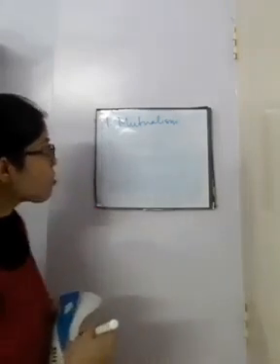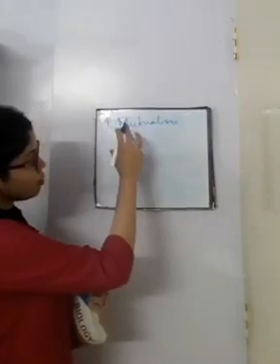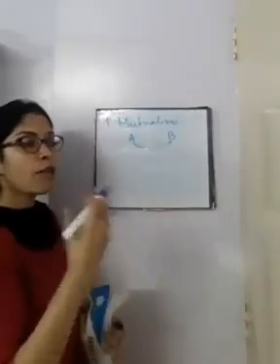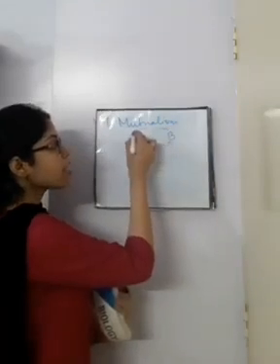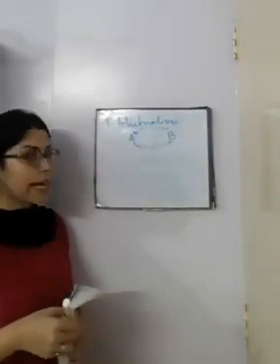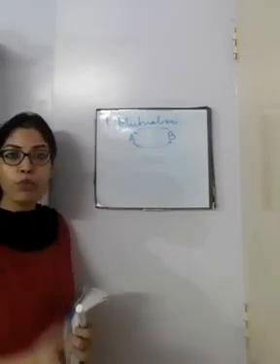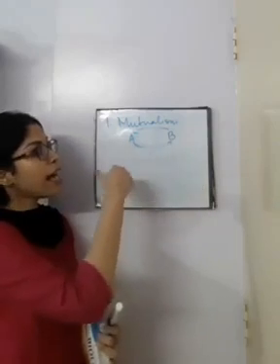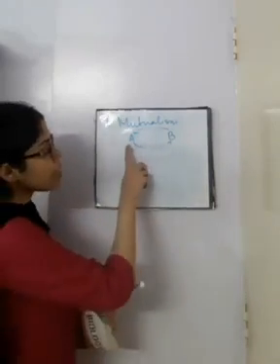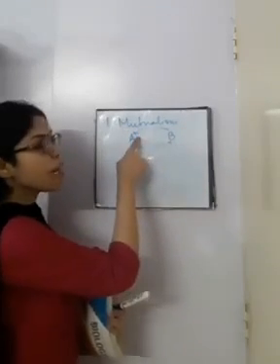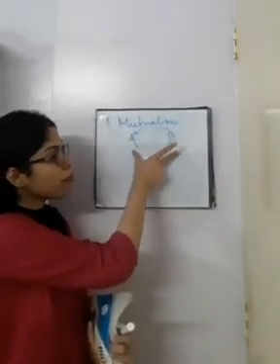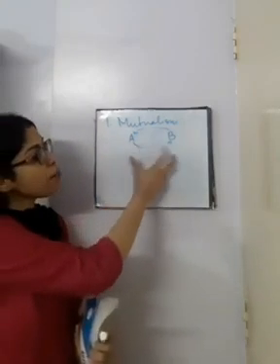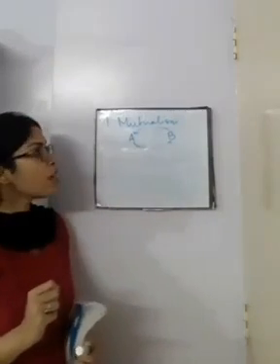In mutualism, suppose there is one population A and another population B, and A will provide some help to B, and in turn B will also provide some help to A. That help may be in the form of food or shelter or any other kind of help that helps the other one survive. So A is helping B and in turn B is also helping A. As a result, both populations are benefited, and thus this type of interaction between two populations A and B is known as mutualism.